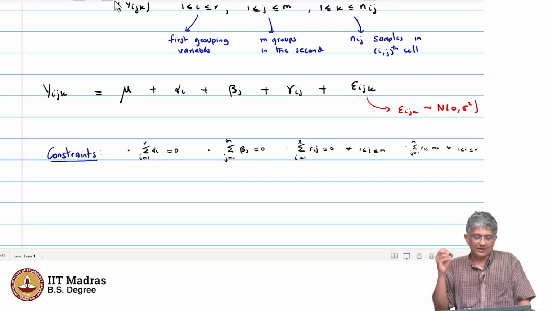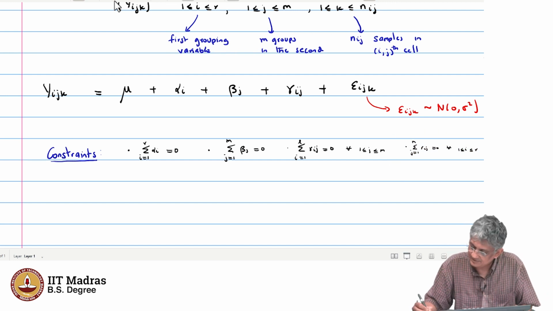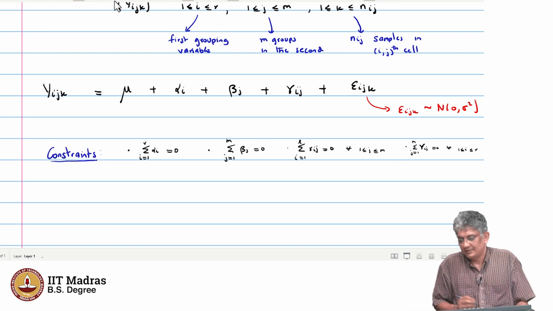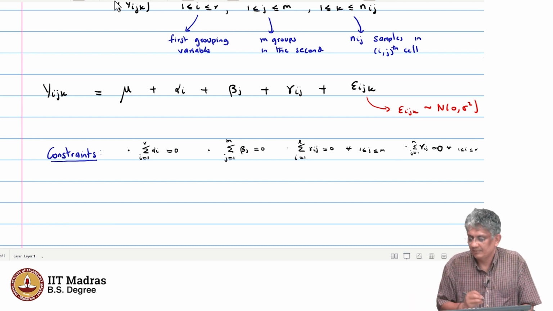So those are the constraints of the model that we have.